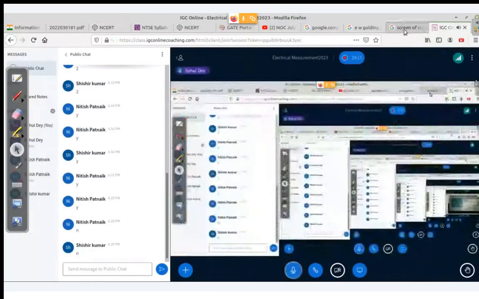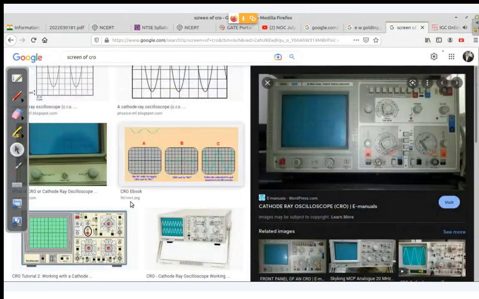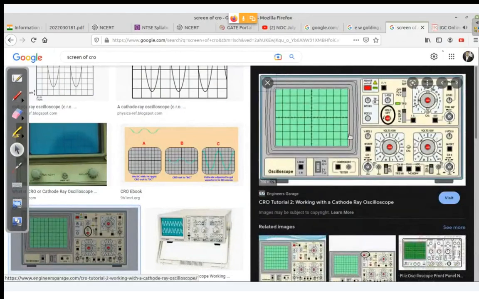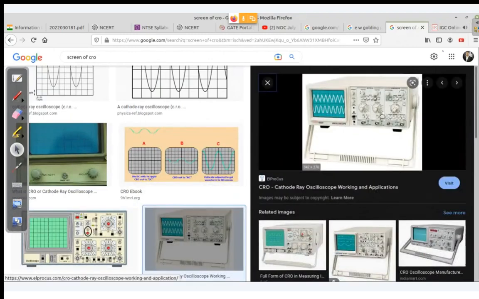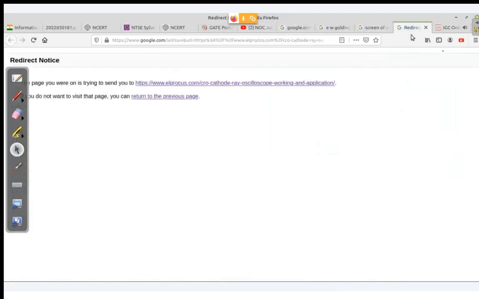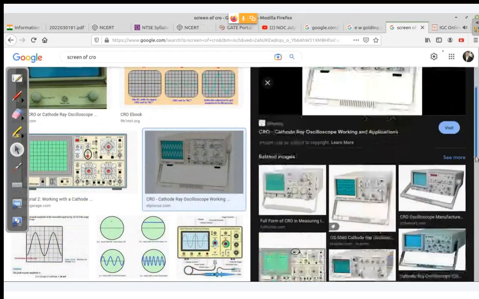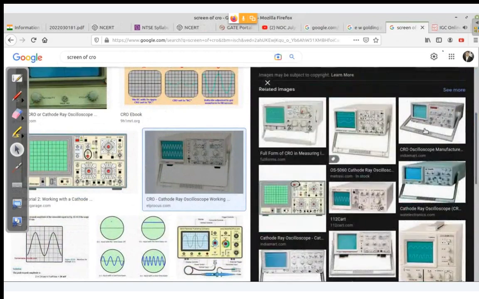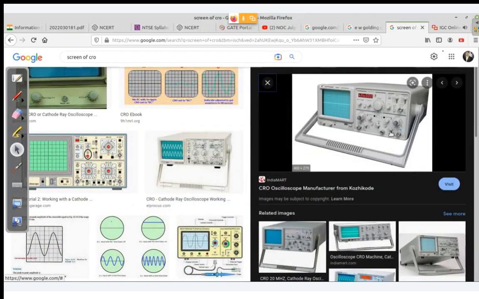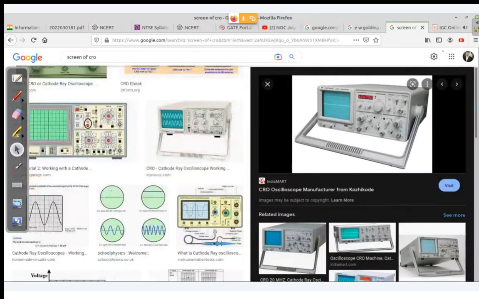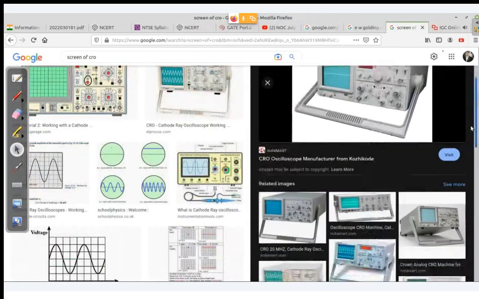Wait, let me check some other screen of CRO. So I am unable to see where is the slope setting.